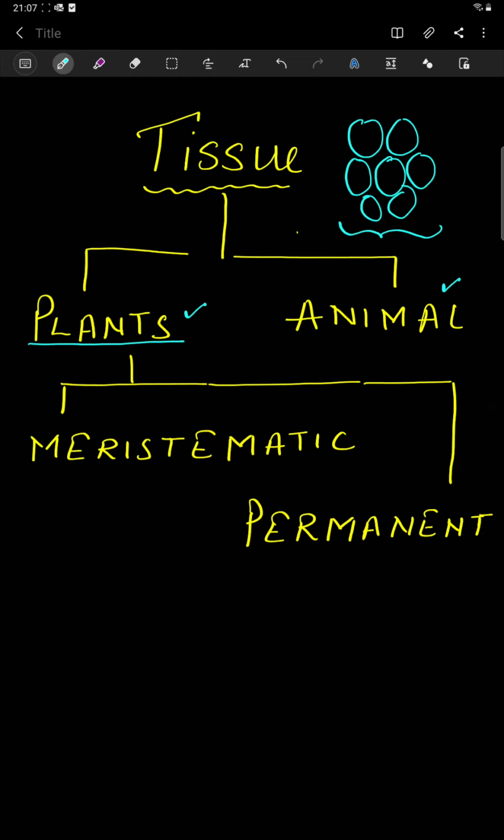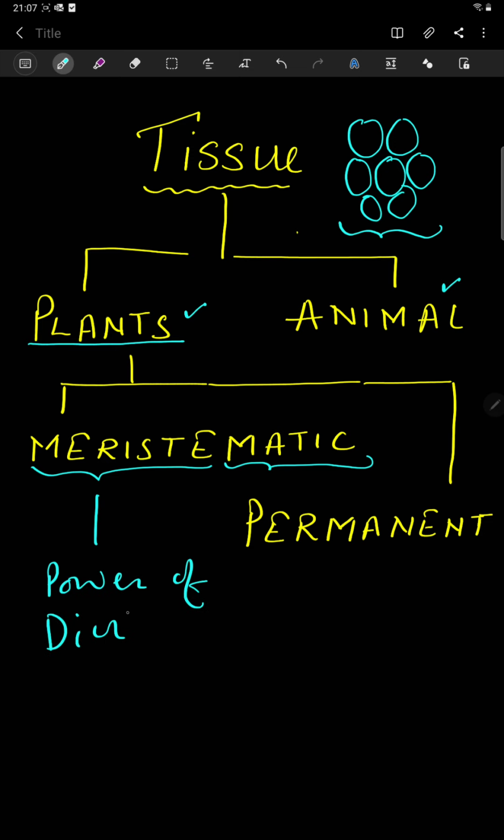The plant tissue is further divided into two parts. The first one is meristematic. The question arises, what is the meaning of meristematic? It means that the cells have the power of division. So these cells are ready to divide.